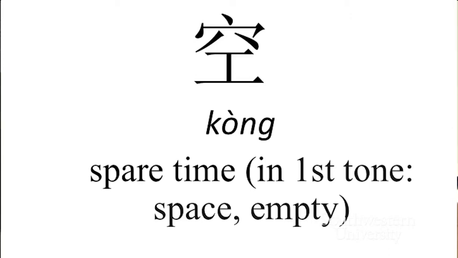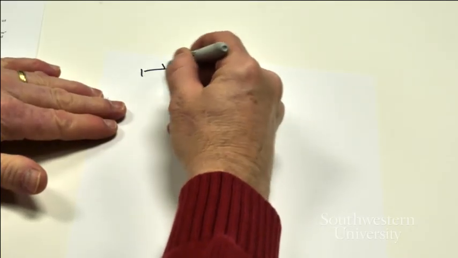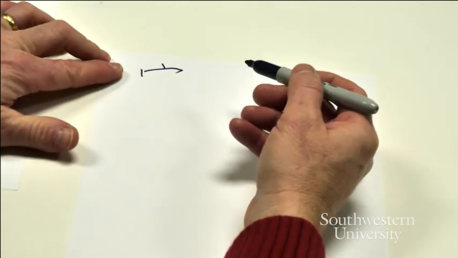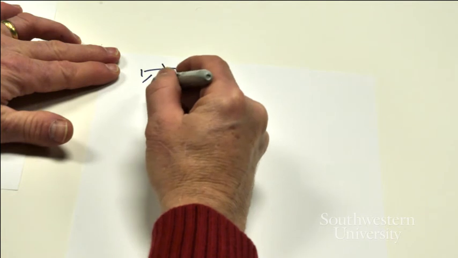Kong. So kong means spare time with fourth tone. In first tone it means empty or void. We have the top, which is a roof again, ba in the middle, indicating a division.